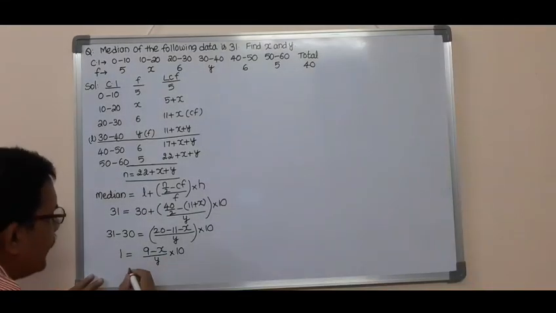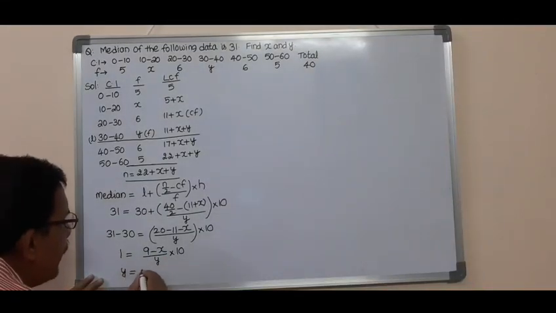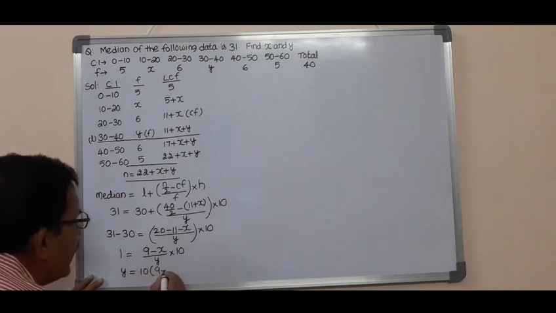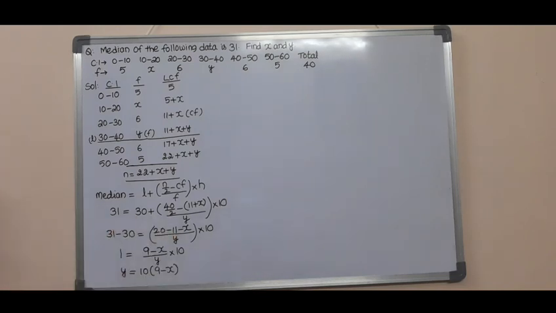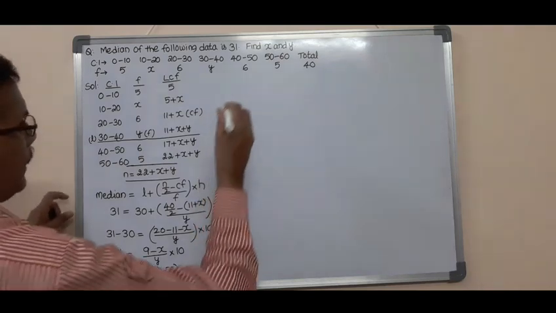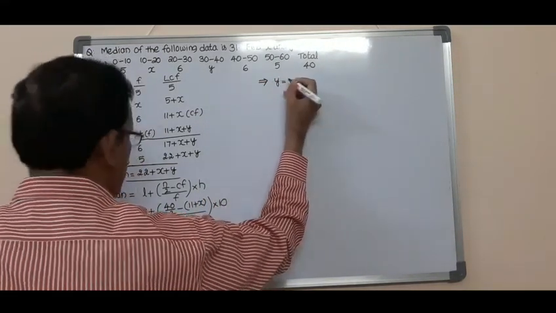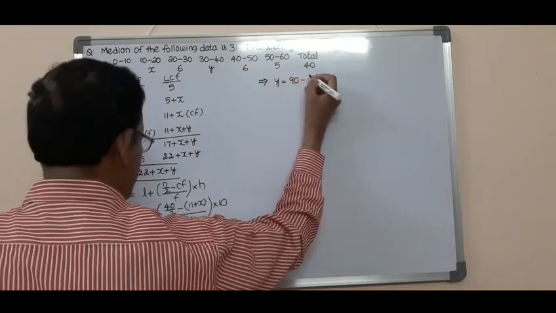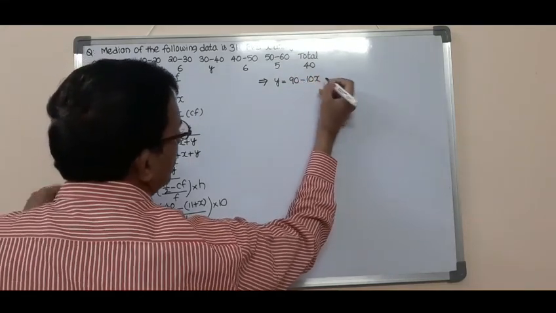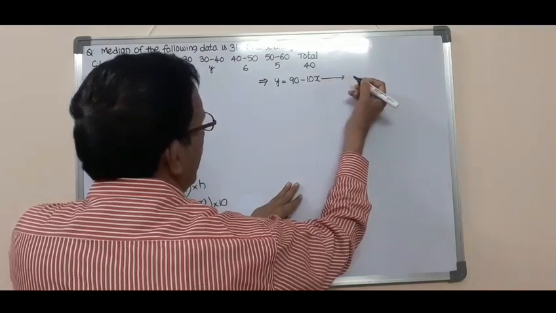Cross multiplication, y is equal to 10 into 9 minus x, implies y is equal to 90 minus 10x. This is equation 2.